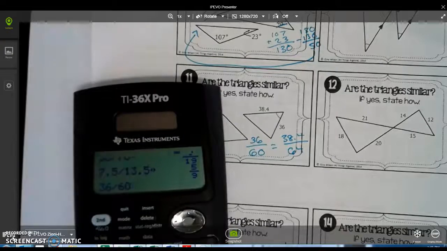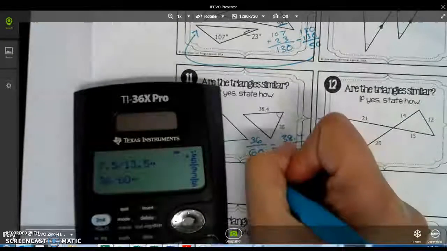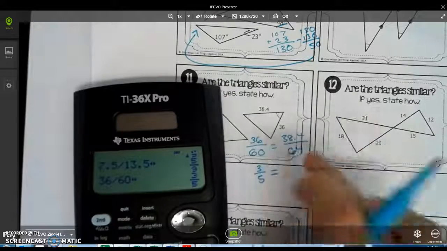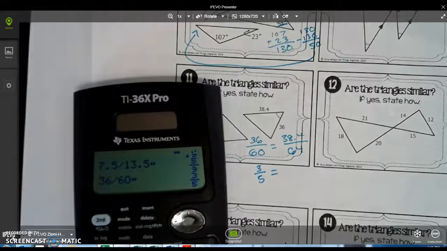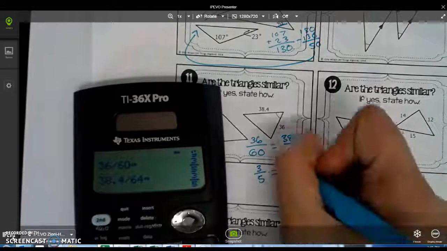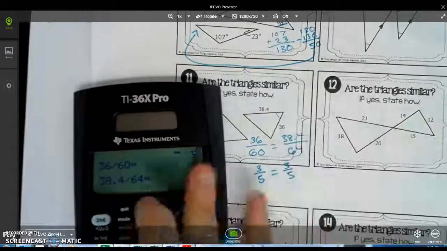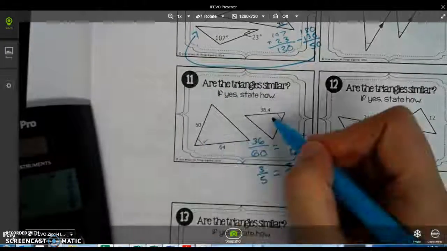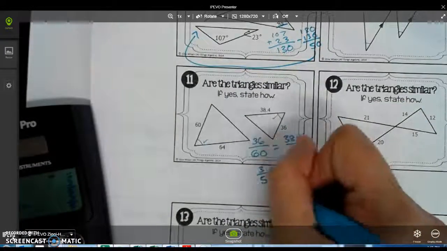Go ahead and reduce that in the calculator. You can probably do this one without the calculator, but it's going to be 3 over 5. Reduce this one's harder. 38.4 divided by 64. That is also 3 over 5. And I already know my angles. So, side, angle, side.